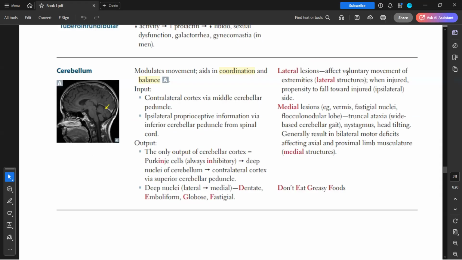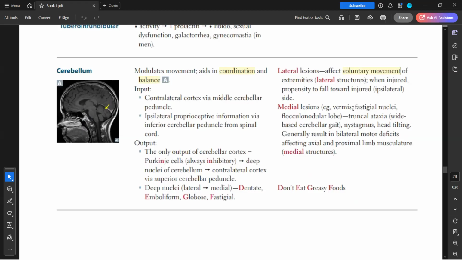Lateral lesions affect voluntary movement of extremities. Lateral lesions, remember, what will they affect? They will affect voluntary movement of extremities that you do on purpose. When injured, there is a propensity to fall toward the injured ipsilateral side.